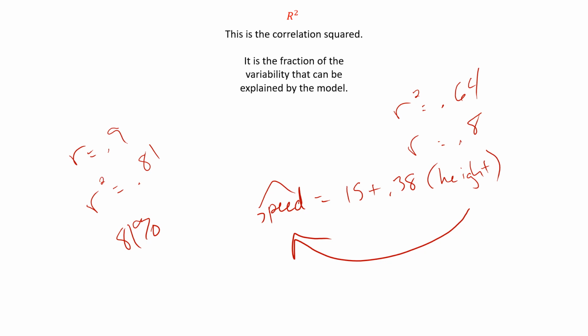It is not the same thing as if we subtracted the 15 and divided by 0.38. It's kind of weird that way, but the order really does matter for our regression. So you can't just flip it around.